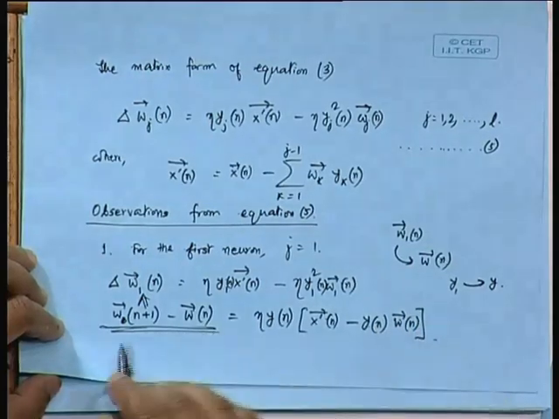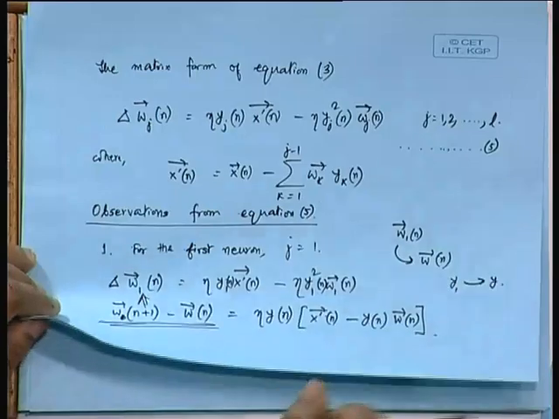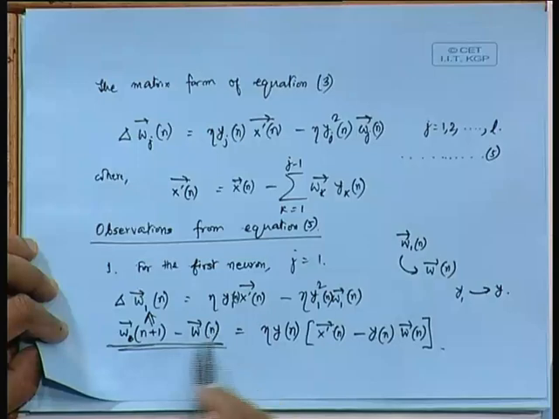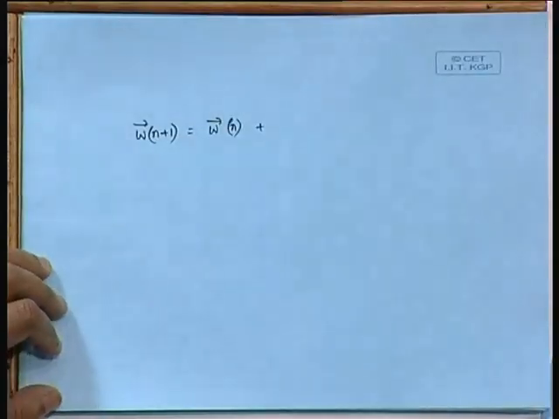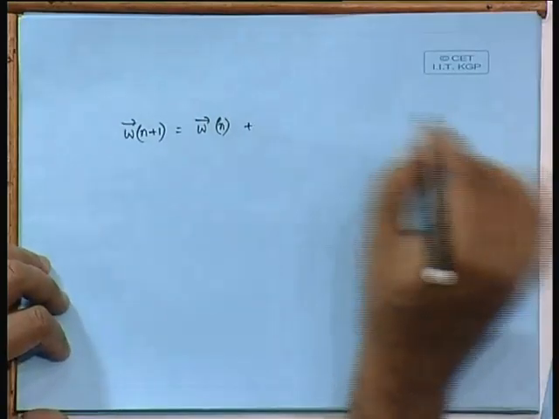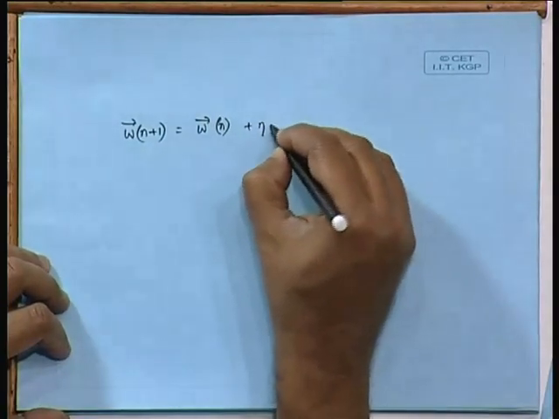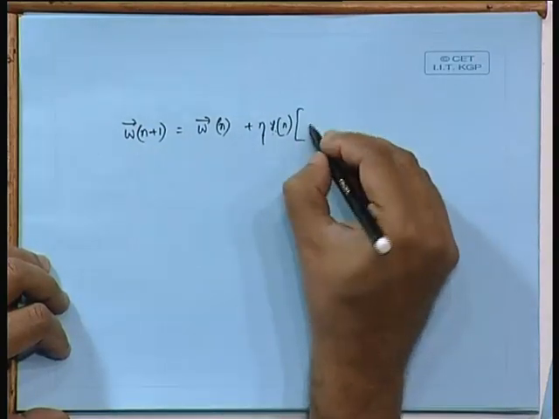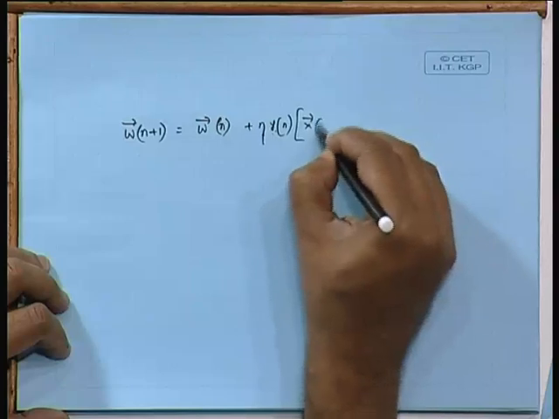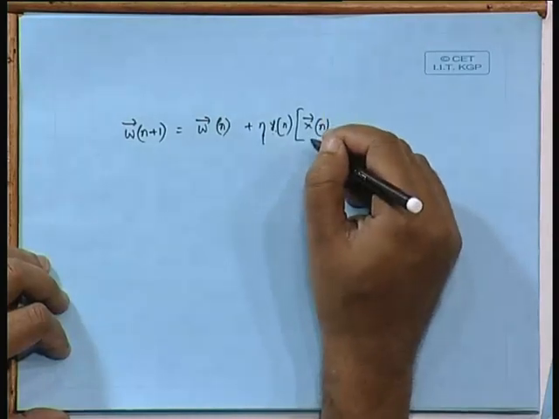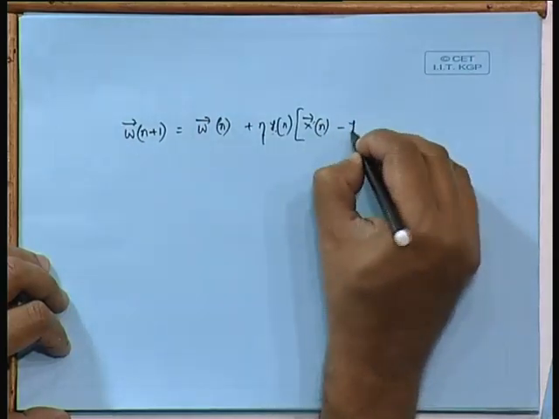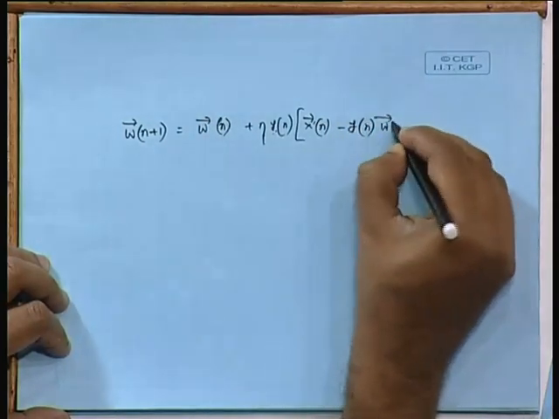So, simply bringing this w n term from the left hand side to the right hand side, what results is w n plus eta y n, and within the square bracket we will have x prime n minus y n w n.